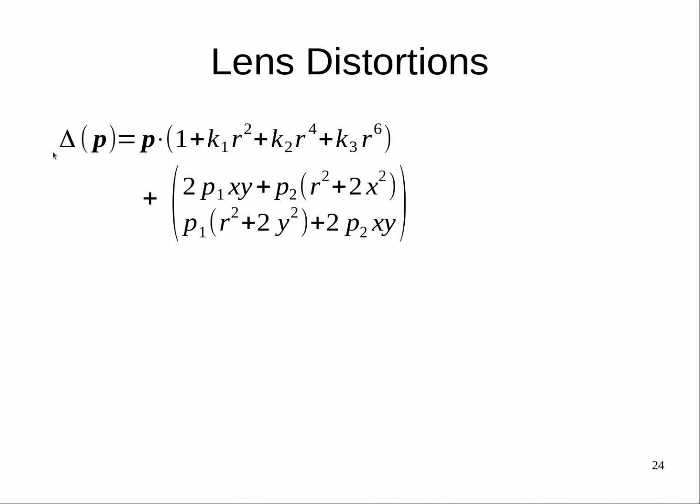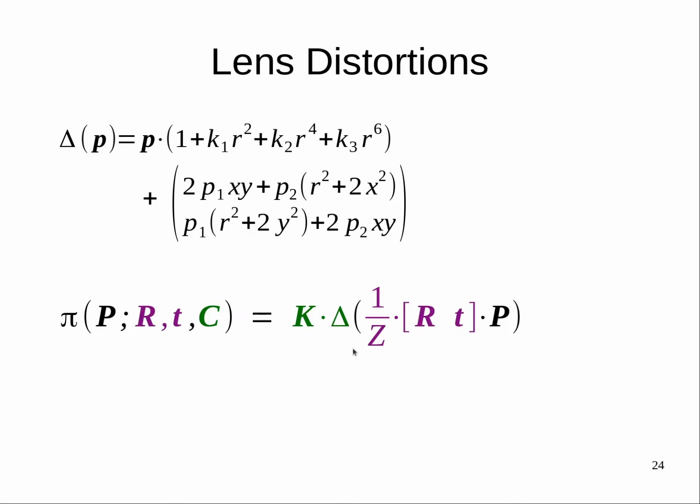So now that we have modeled the lens, we need to attach it to the pinhole camera we described before. And we do it like this. This part is the same as before, it describes the mapping from a world point to the camera space, and also includes the Z division, and only now we apply the lens distortion.